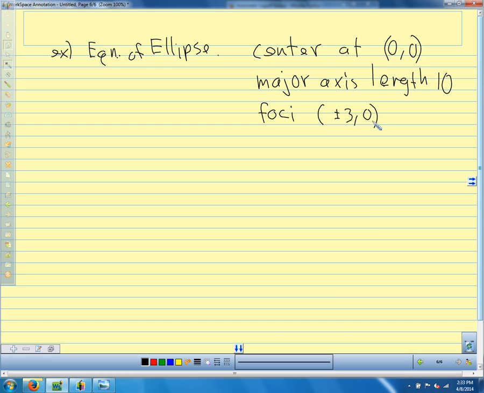So with these problems, when they give you this information, it's very helpful to draw a little sketch. It doesn't have to be a perfect sketch. It can just be some points. So what I usually do is I draw out a little sketch. Here's my center at 0, 0. My foci are at 3, 0 and negative 3, 0.